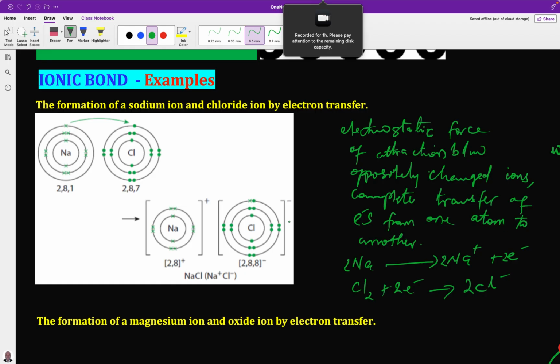At the end, each ion formed achieves a complete outer shell of electrons. So the outcome of this is each ion will have a complete octet of electrons.